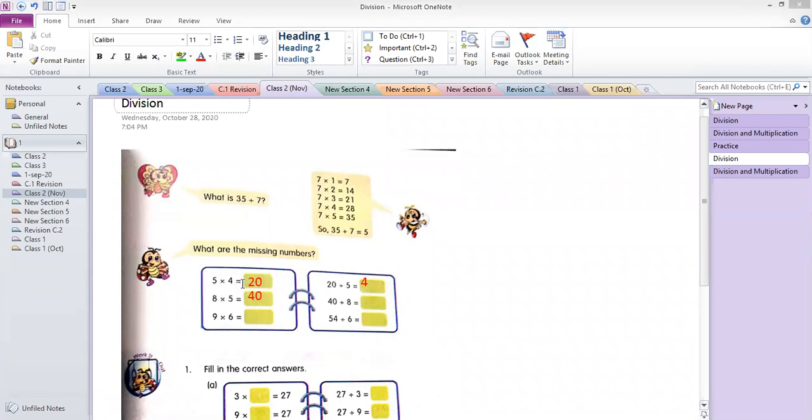And if I divide 40 by 5, the answer will be 8 because multiplication is the opposite of division. If I divide 40 by 8, I will get 5. So I'm going to write here 8 by 5 is equals to 40 and 40 by 8 equals to 5.